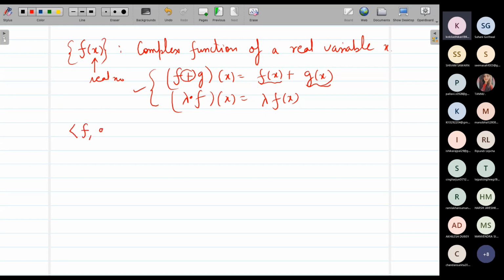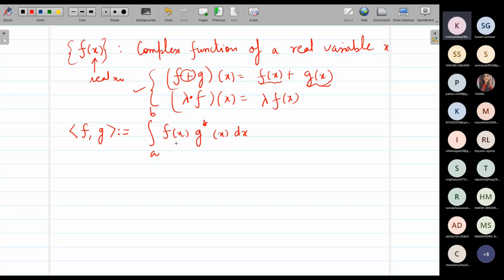Let me just define the inner product of f comma g. Whenever I am defining, I would like to write this, and I say in some interval, if I define this as the integral of f of x g star of x dx, first an integral of the complex variable, or in this case the real ones.